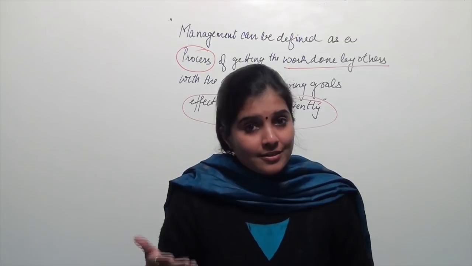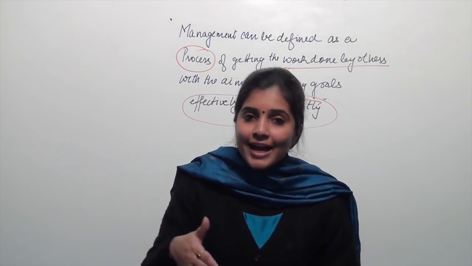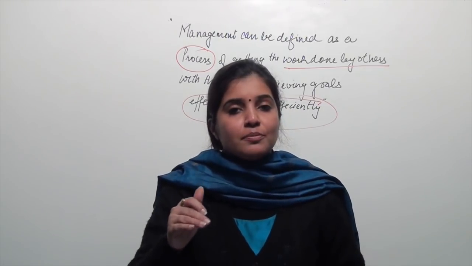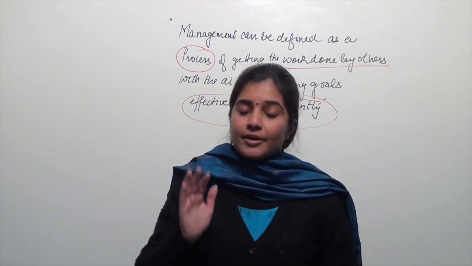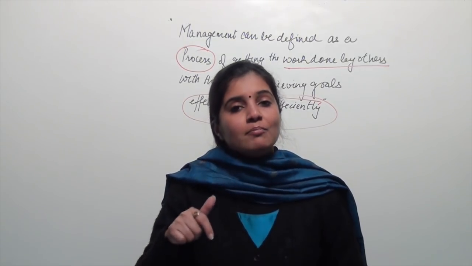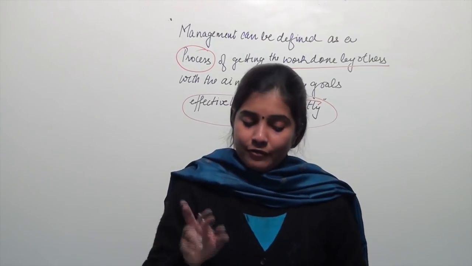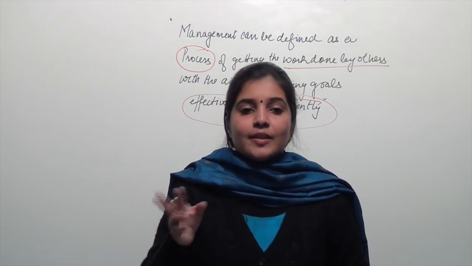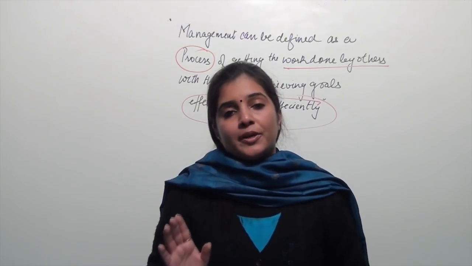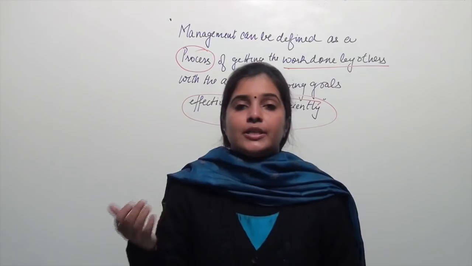But what is efficiency? Efficiency is doing the work correctly and at the minimum possible cost. I repeat, doing the work correctly at the minimum possible cost. So I can say effectiveness and efficiency are two sides of the same coin, and they are interrelated.